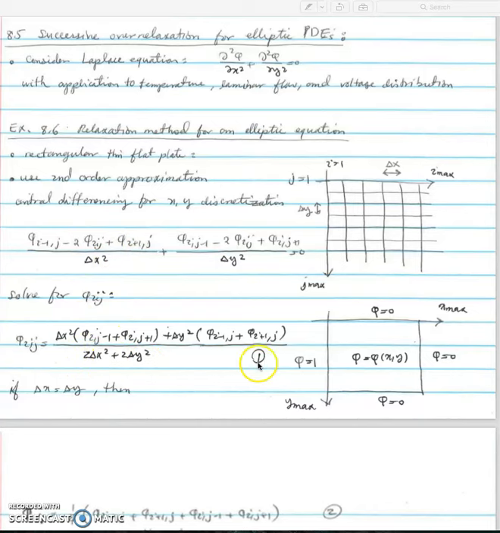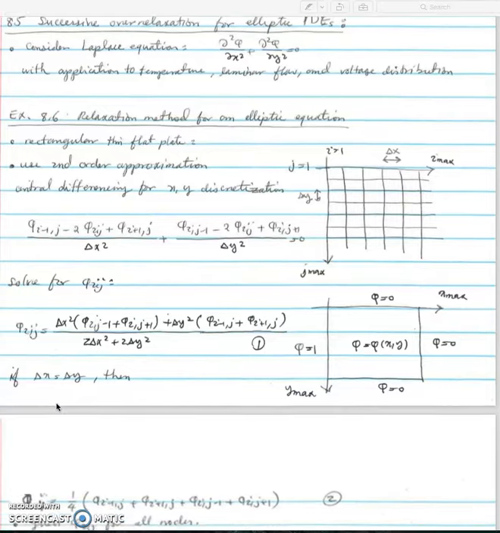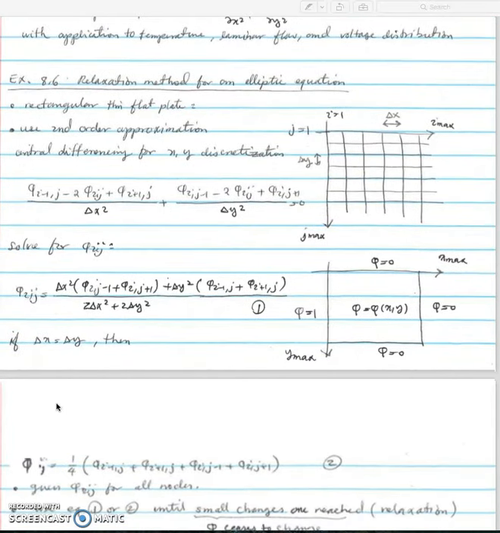Imagine we have boundary conditions of this form. We have phi equals 0 on three edges, and phi equals 1 on the left edge. The goal is to find phi for the intermediate points inside the domain. For simplicity, let's assume del x and del y are equal. In that case, we can simplify equation 1.